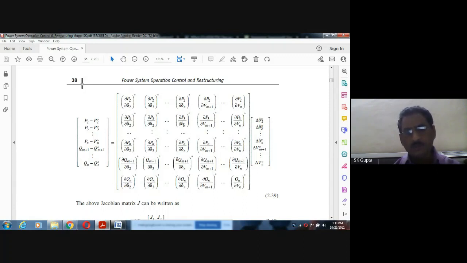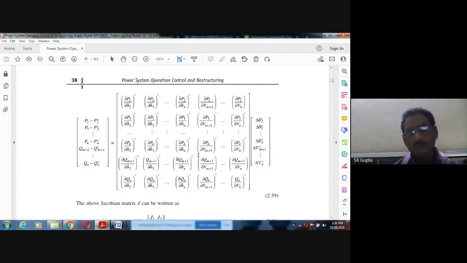Similarly P3 with all variables, then Pn with respect to all variables, then Qm plus 1 to Qn with respect to all variables. Now this is a difficult one, calculating the inverse Jacobian.